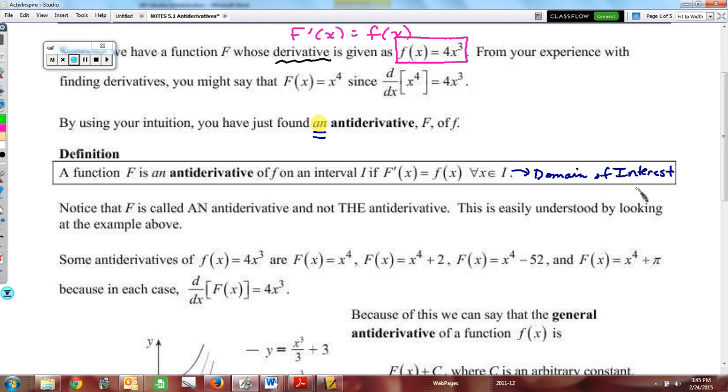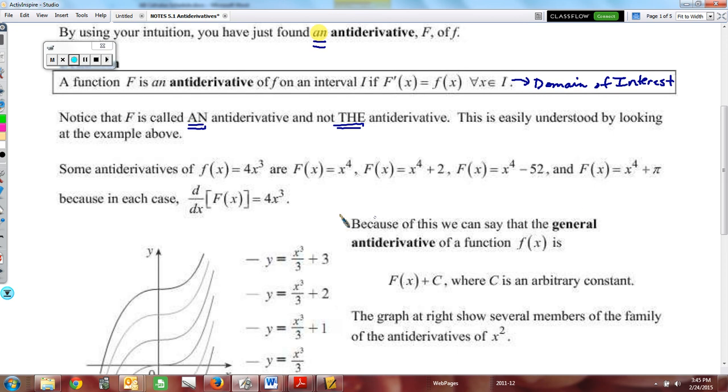Now, why could there be more than one? The idea here is to remember that there's one very important function that when you take the derivative of it, you get 0. And so when we're looking at the antiderivative, we don't know if it was simply x to the fourth, but it could have been x to the fourth plus 2, because the derivative of the 2 would have been 0 and it would have dropped out. Or the derivative of 52 would go away.